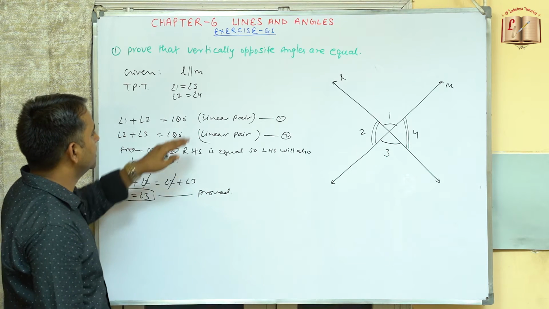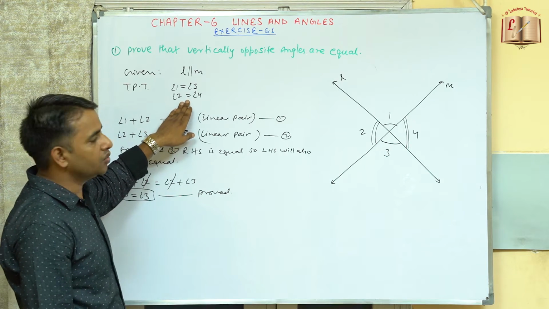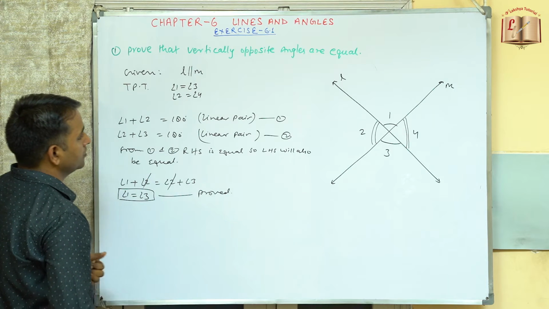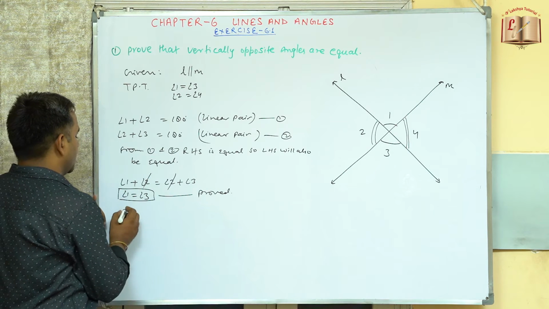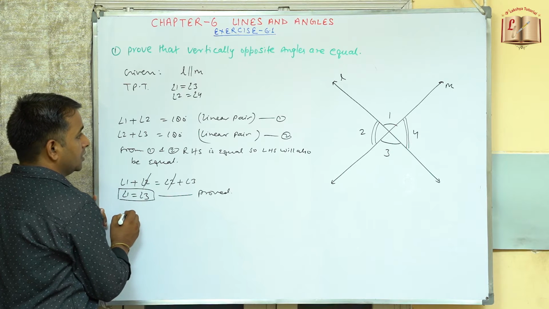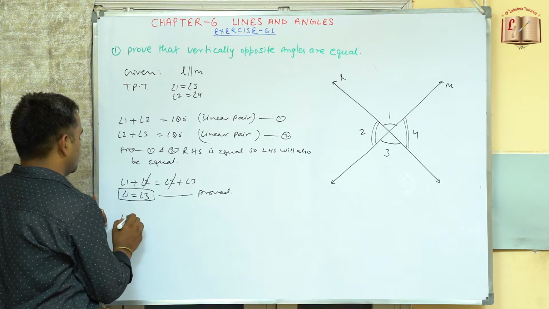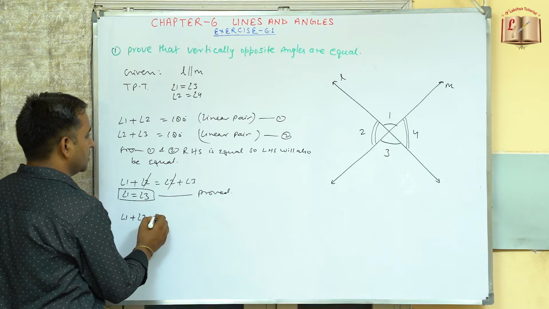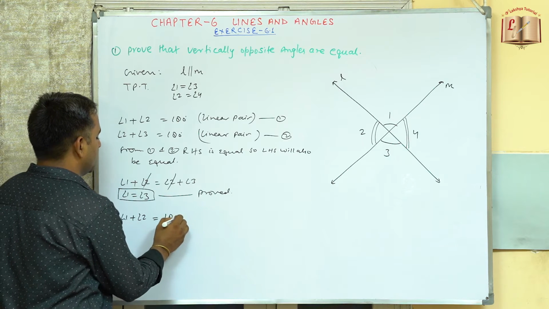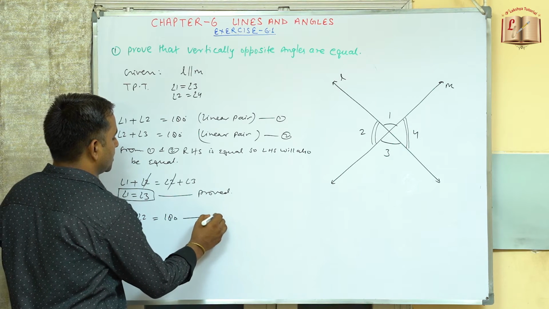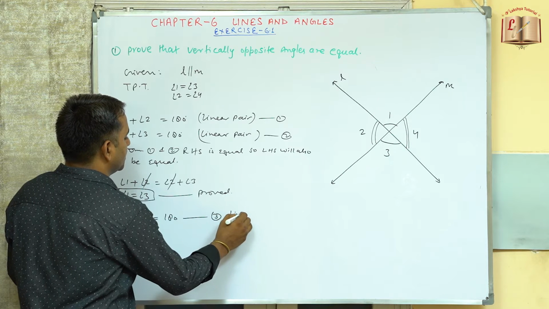Similarly, to prove that angle 2 and angle 4 are equal, we can take angle 1 plus angle 2 is equal to 180 degrees. So this is again equation number 3, linear pair.